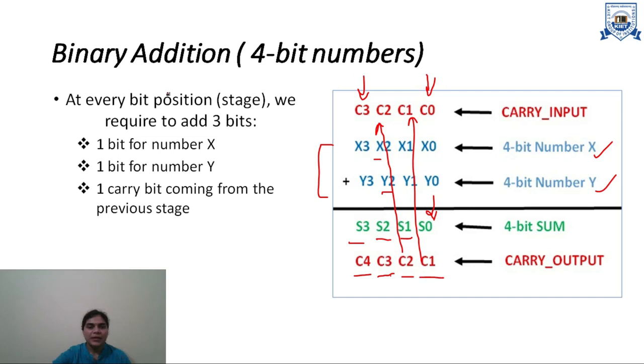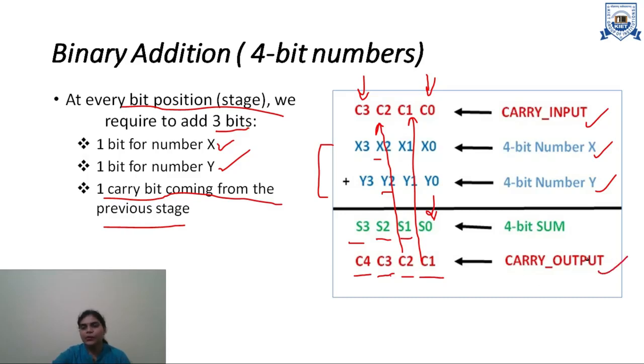So here at every bit position or stage we have 3-bit addition: one is number X, second is Y, then 1 bit coming from the previous stage. So we have written here a carry input and carry output.